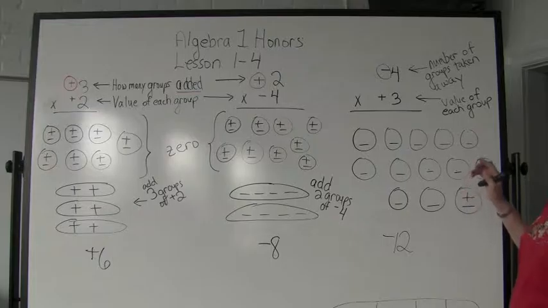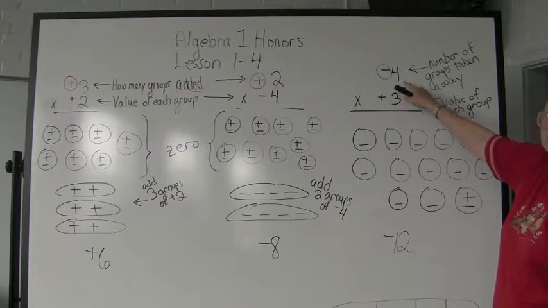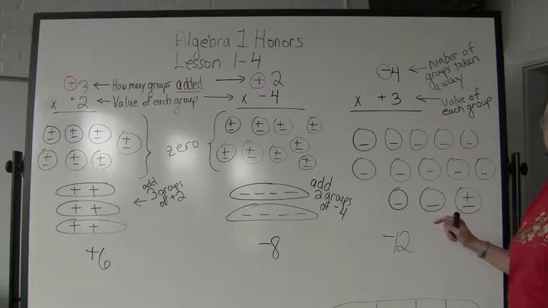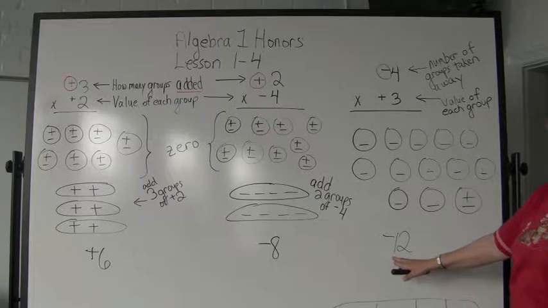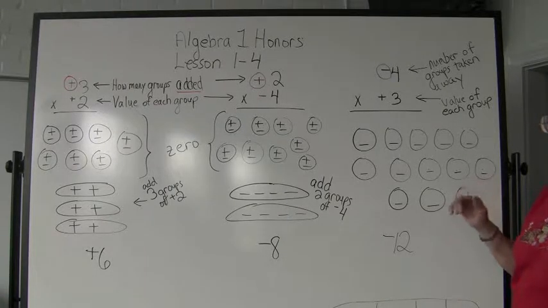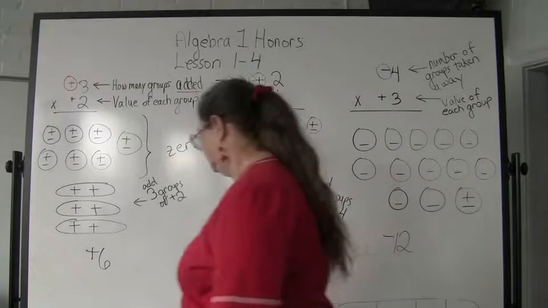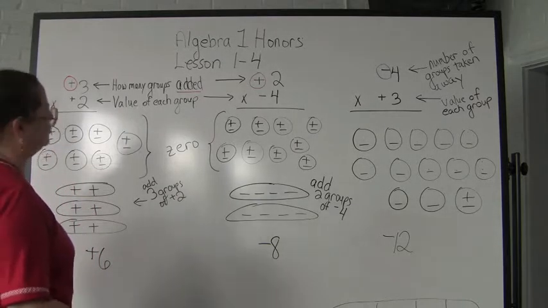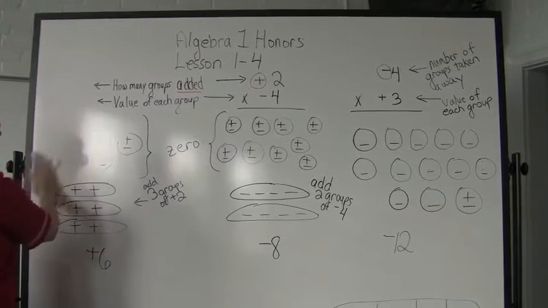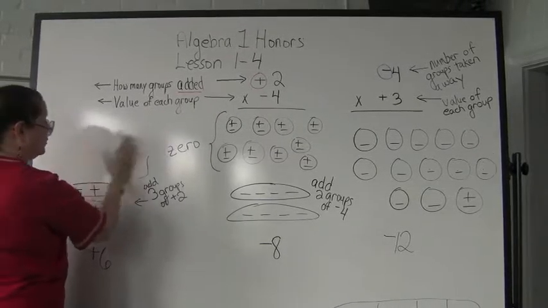Okay, so if we take away 4 groups of positive 3, negative 4 times positive 3 gives us a negative 12. Now, let's see what happens when we do a negative times a negative. Right? Because most people can't explain to you why a negative times a negative becomes a positive.